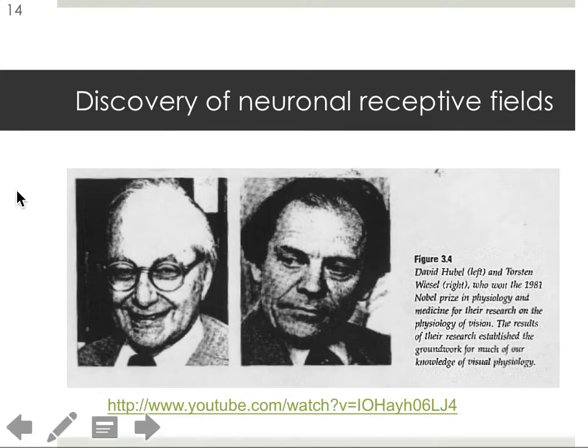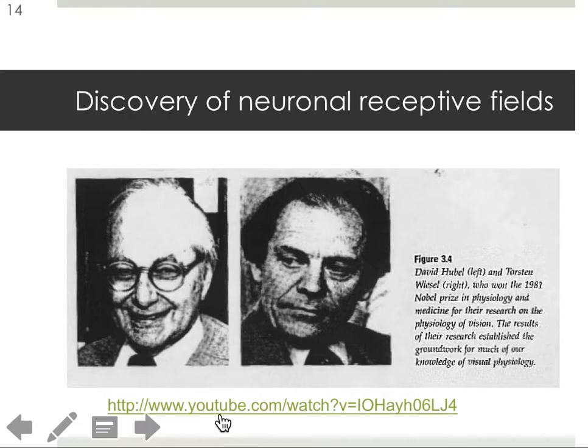We won't really go into this, but if you want to watch, there's a YouTube video that shows you how exactly they found it out. The story goes that they originally didn't know that V1 was receptive to edges. They thought that it was receptive to different points in space, just like the LGN.